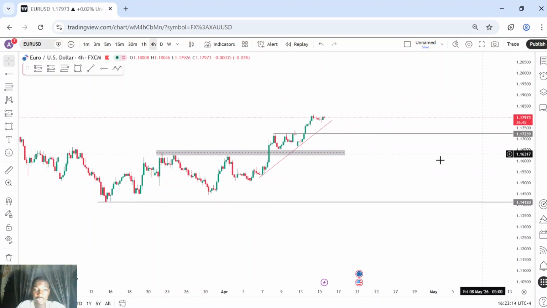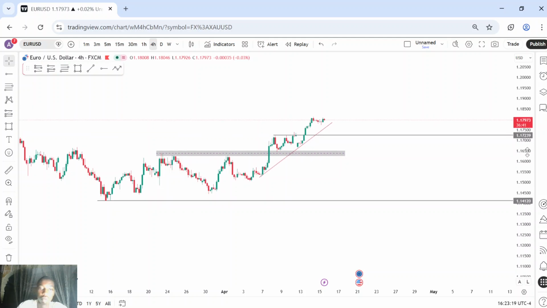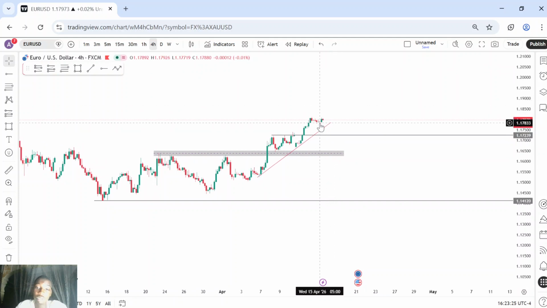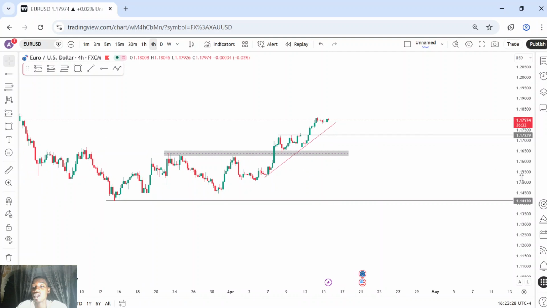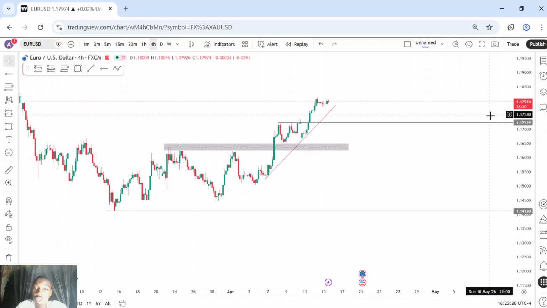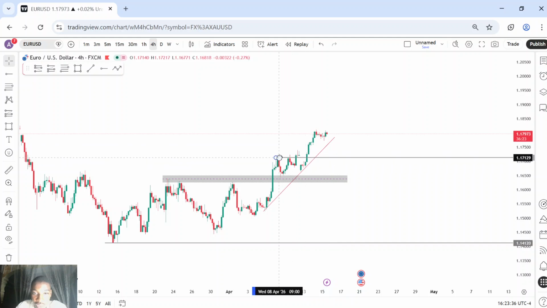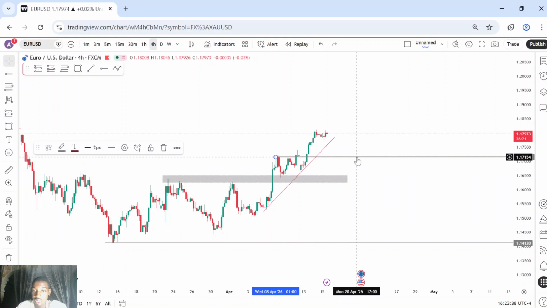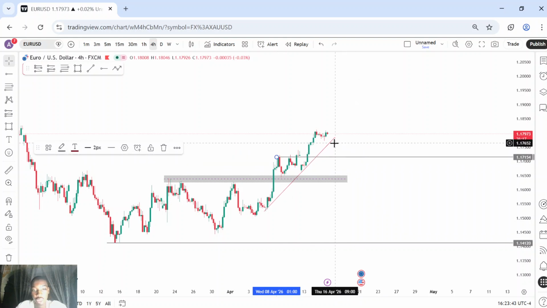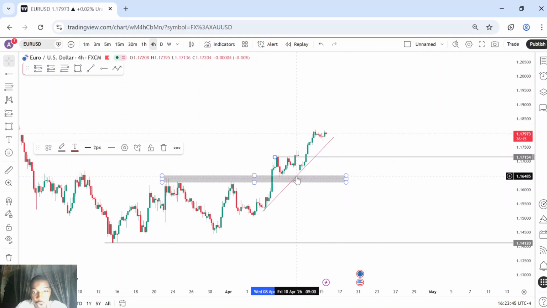There are two chances here of where the market will reject from. This market can reject from this trend line and bounce from this trend line to the upside to continue its move, or it can actually come to this resistance line here. Then if it comes here, it will go back, or it can come here again.